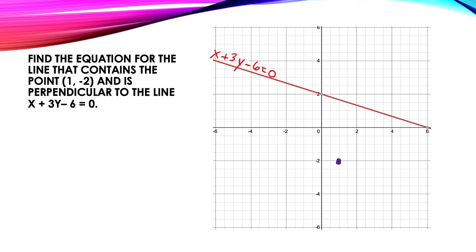All right, so again, I've drawn the line x plus 3y minus 6 is equal to 0, and we've plotted the point. Now, the line that we want to find the equation of is perpendicular to the red line, and it goes through the point that I've noted. So that equation, or that line, is going to look something like this.